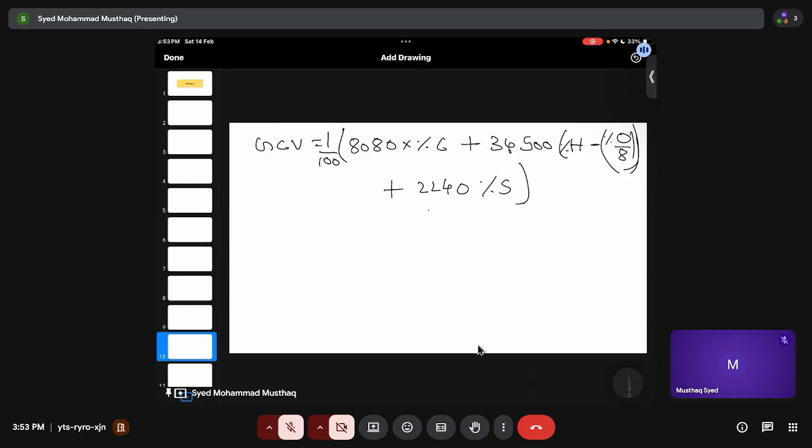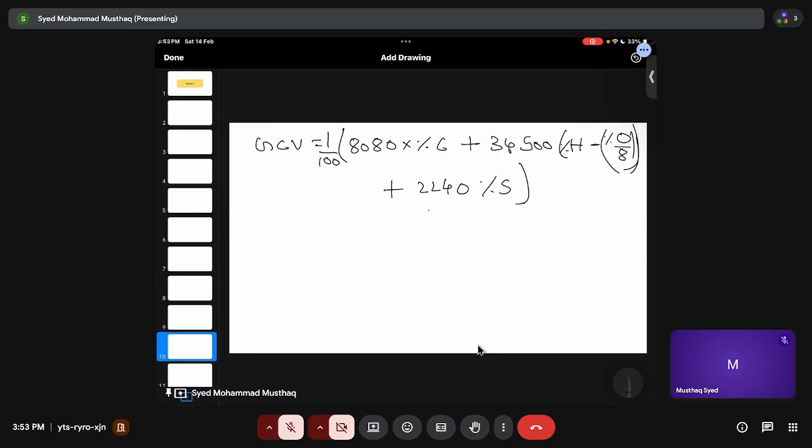Now if you want to know our net calorific value, it removes the latent heat of water vapor that is formed during combustion, right?